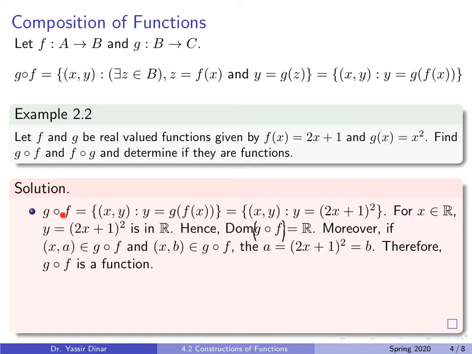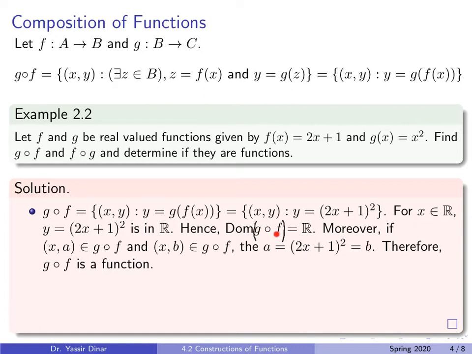Now G circle F is a relation from R to R, and to show it is a function, I have to show that the domain is all the real numbers. So I take x in the real numbers, and then y, by the formula, is (2x plus 1) squared, which is always a real number, and hence the domain of G circle F is equal to R.